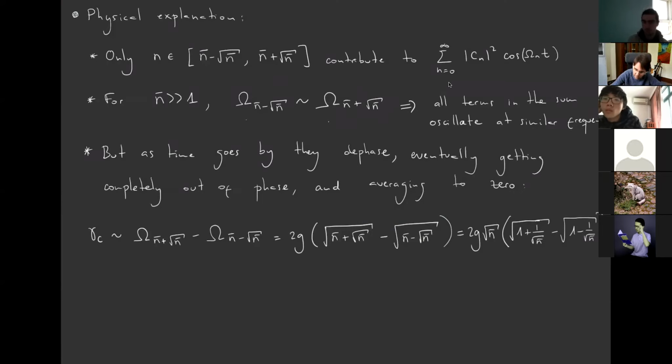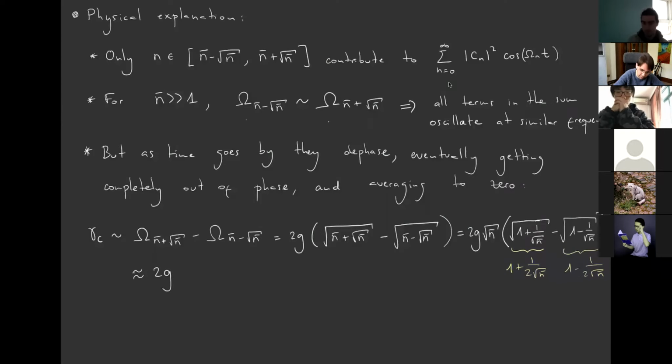And now you see that this can be Taylor series expanded, assuming that this is very small. This will be expanded as 1 plus 1 divided by 2 square root of n, and this one as 1 minus 1 divided by 2 square root of n. Then if we put them together, what we get is a collapse rate that goes as 2g.